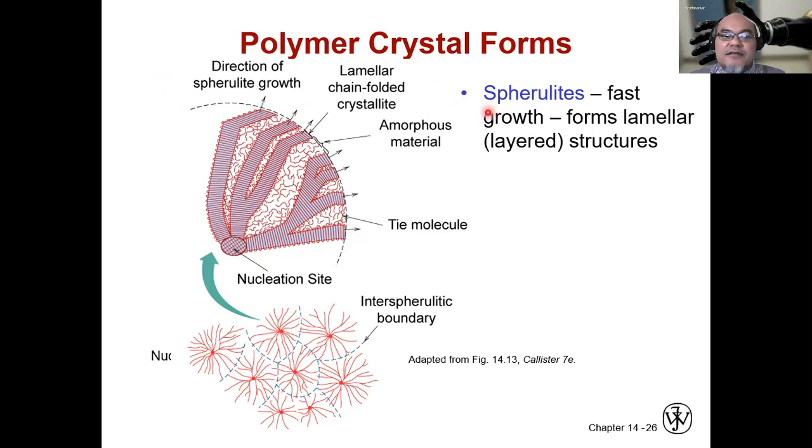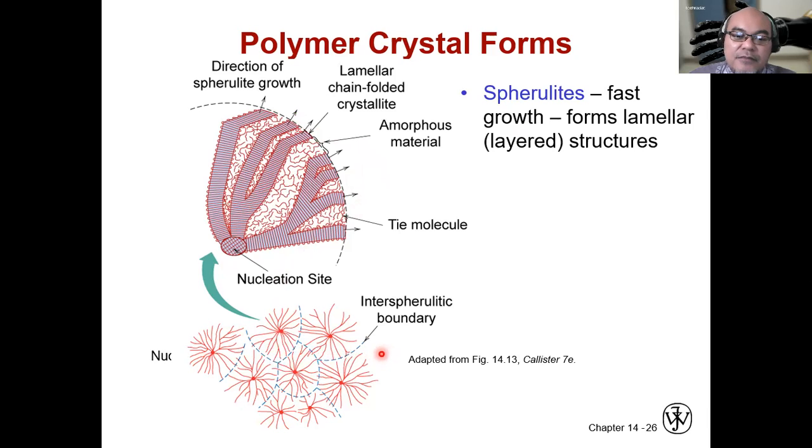Polymer crystals could make a form called a spherulite, which has a fast growth and forms a lamellar or layered structure. This is, as we have seen in the previous slide, where it is zigzagging like that. It is called spherulite growth. There is then a lamellar chain-folded crystalline region, and the region between them, which has a random structure, is amorphous.